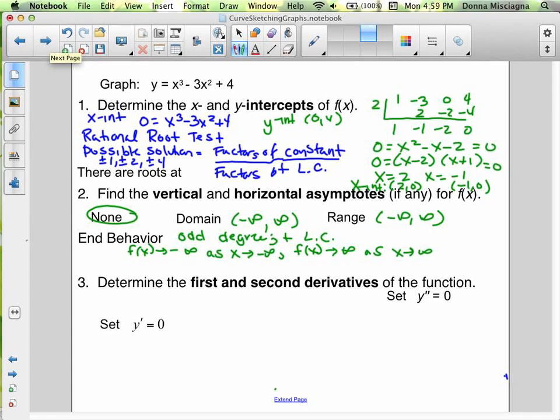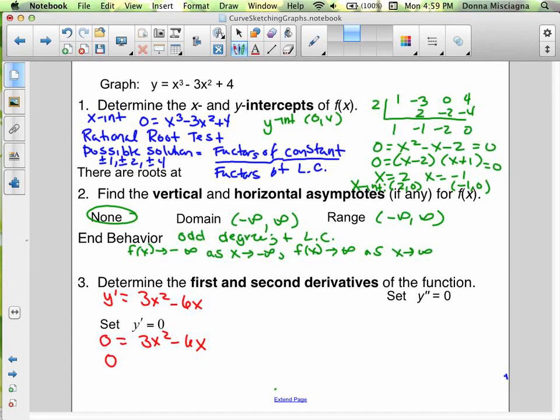Determine the first and second derivatives of the function, and then we'll set those equal to 0. Right, so we have the function written up above there. So y prime or dy dx is equal to 3x squared minus 6x. We'll set that equal to 0. This is to find the critical points for the first derivative. 0 equals 3x squared minus 6x.